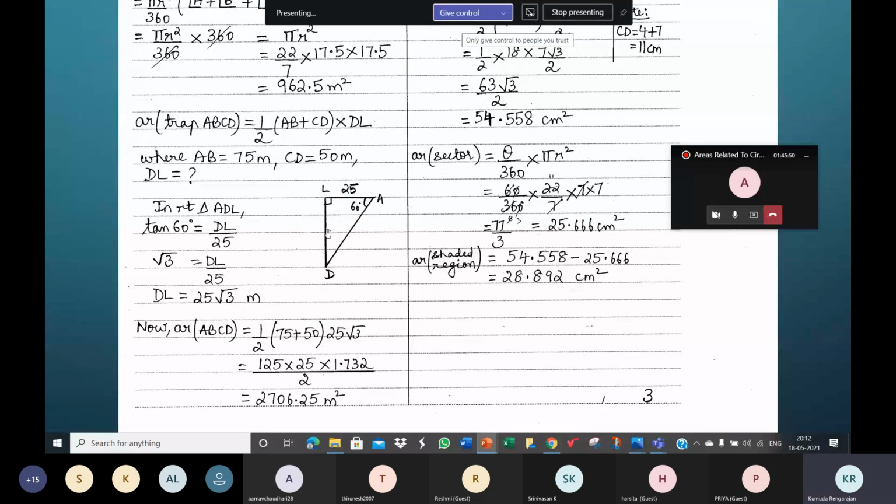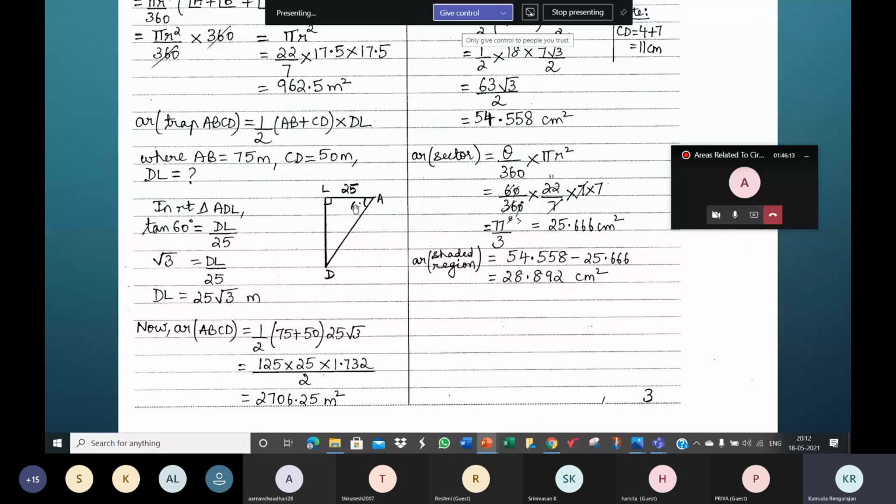For 60 degrees, this is the opposite side and this is the adjacent side. Opposite and adjacent are connected using tan and cot. So when you say tan 60 degrees, tan of an acute angle, tan of 60 degrees is equal to opposite side by adjacent.